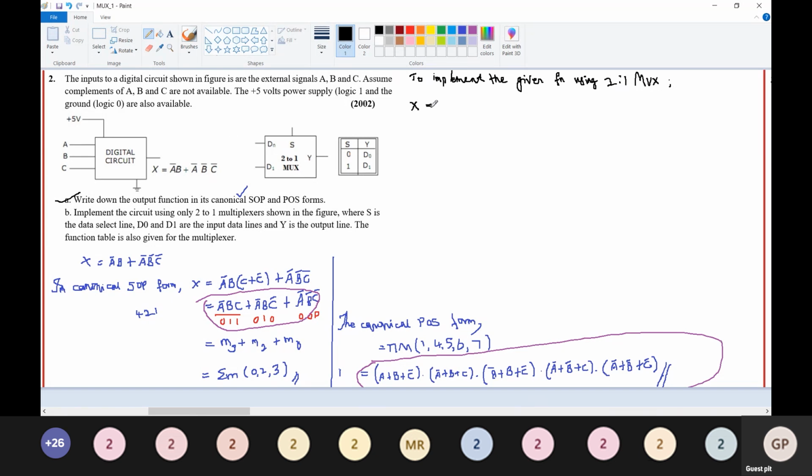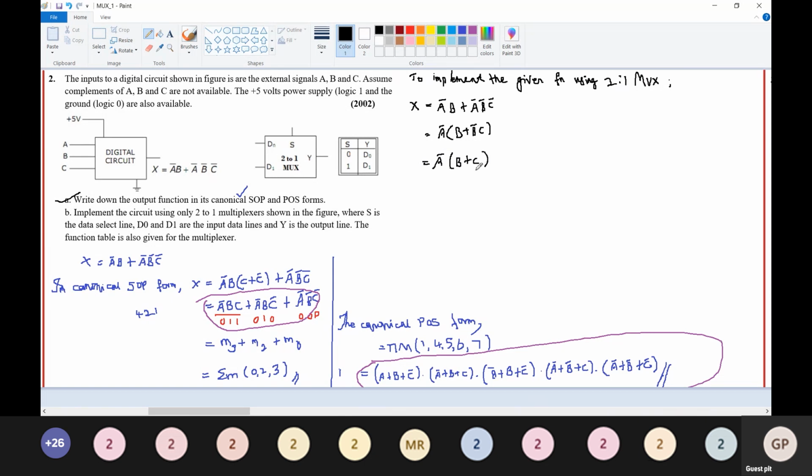So X is equal to A dash B plus A dash B dash C dash, which can be further simplified by taking A dash common: A dash into B plus B dash C.